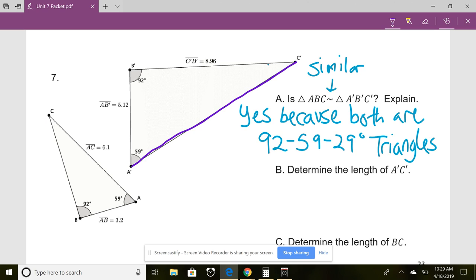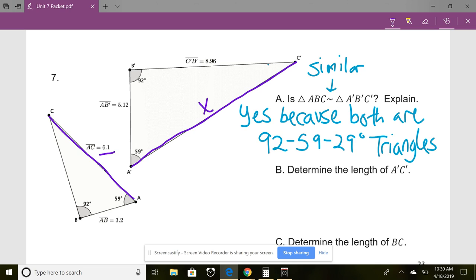The similar side is AC. We don't know the length of A prime, C prime, so we're going to call that X, and that's going to help us form a proportion. But we do know AC, which is 6.1. So that's a good thing.